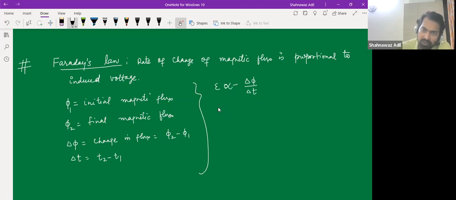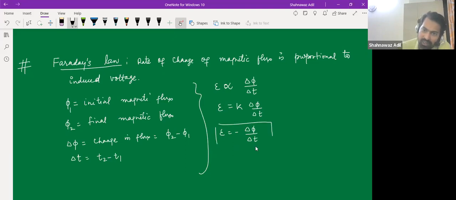So when you remove this proportionality, you will get a constant K, and this K experimentally is found to be minus 1.